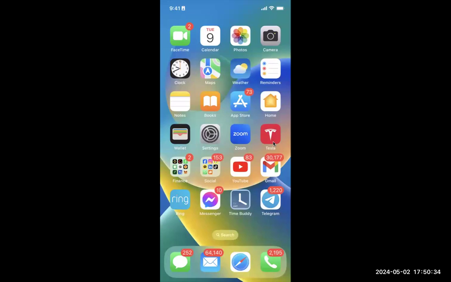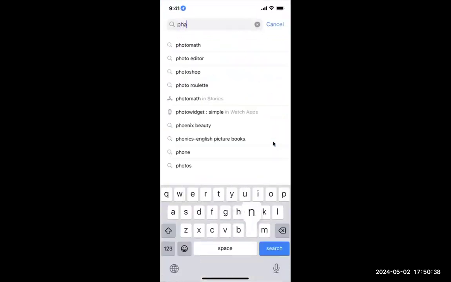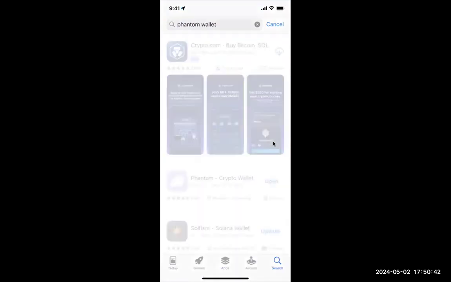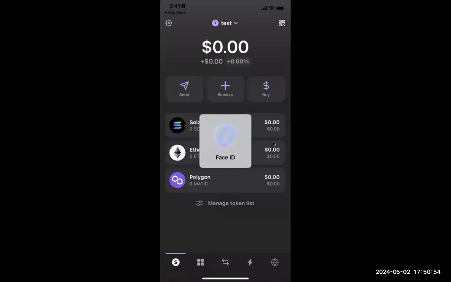But anyways, you go to the App Store here, and then you search for Phantom Wallet, like that. After you search for it, you're going to see this Phantom with a purple icon right here. Download it, open it up, and once you're done, it's going to prompt you to create a wallet, okay?